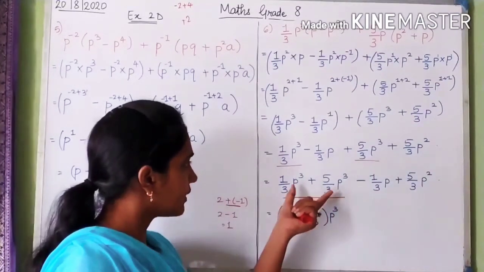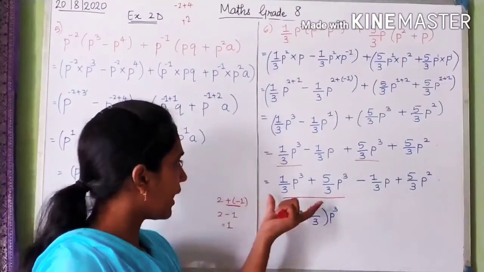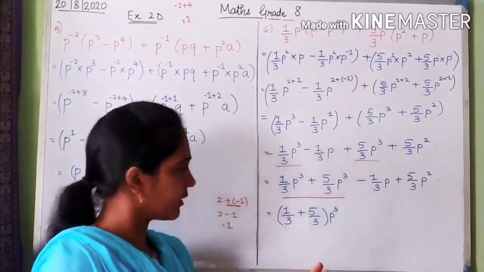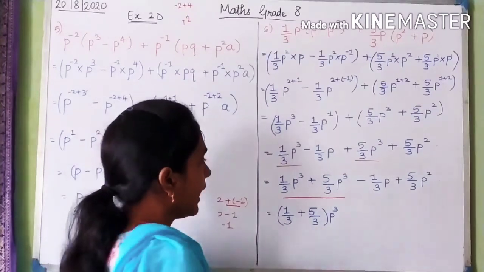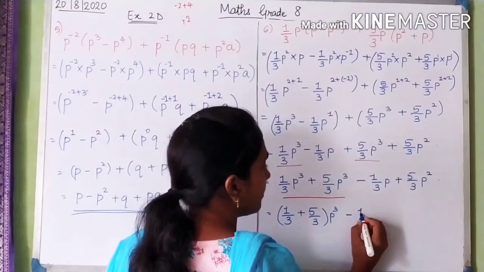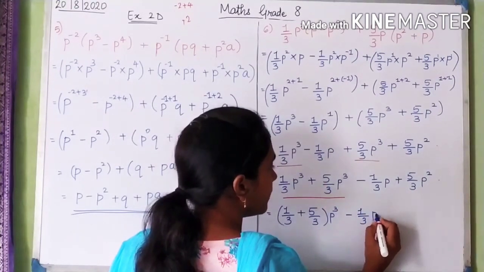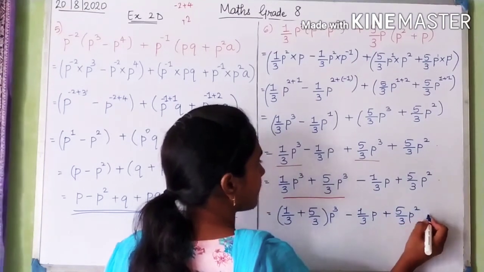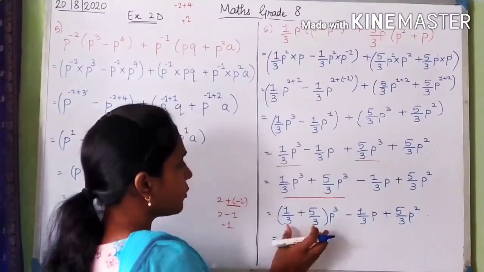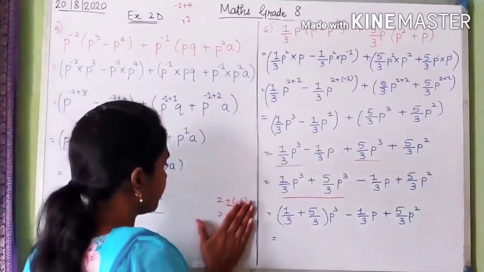Why? Because those two are like terms, so I have to only add the constants. So we'll see what we get after adding these constants, and the remaining terms will remain same, minus 1 by 3 p plus 5 by 3 p square.